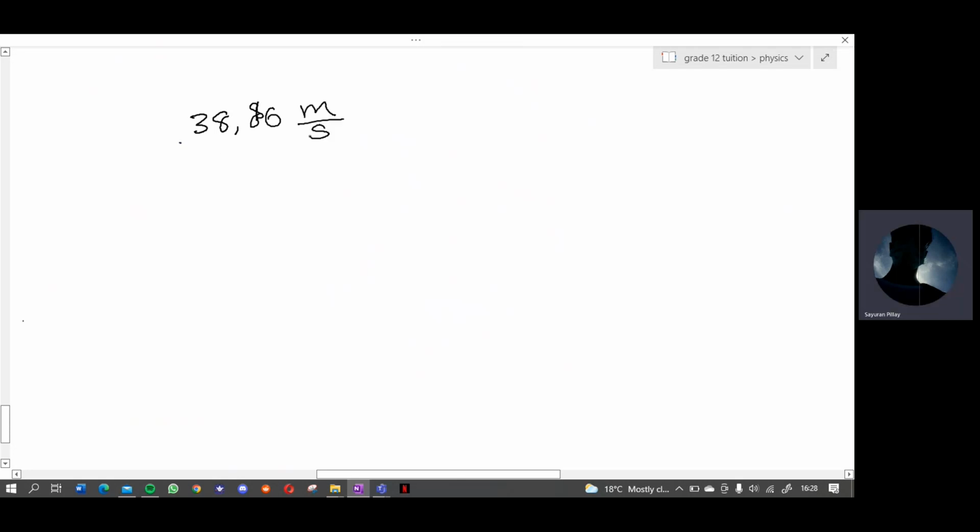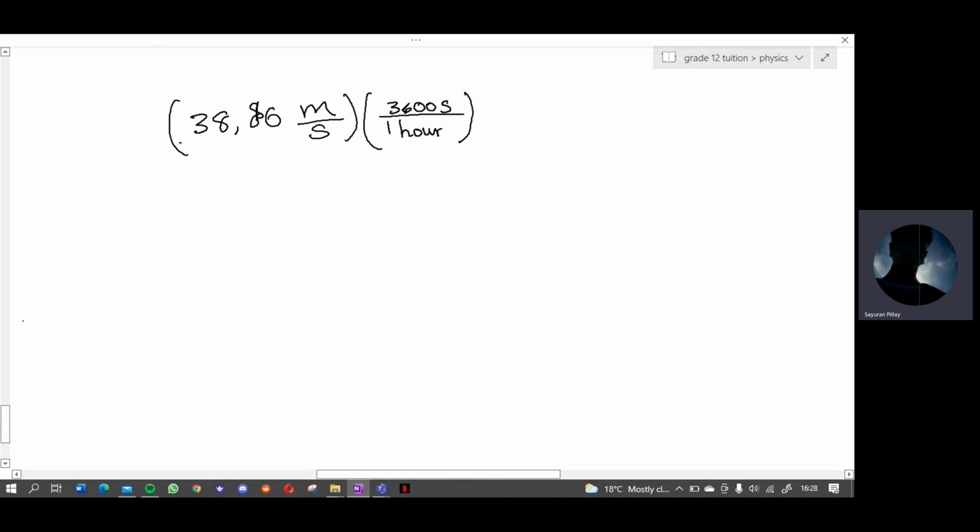Meters for every 1 second. Now I want to cancel my units, my meter per second. Okay, top to bottom. So I want to get my second on the top, but I want it in terms of hours, right? So 1 hour has the same quantity as 3,600 seconds, doesn't it? Yes, so this is the same value.